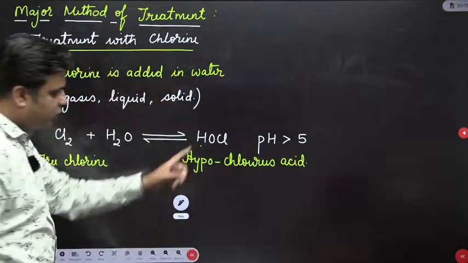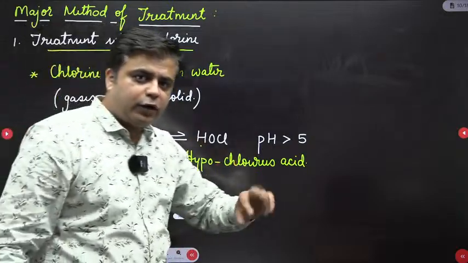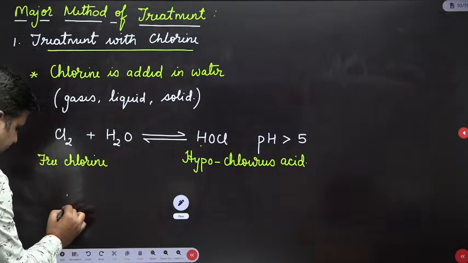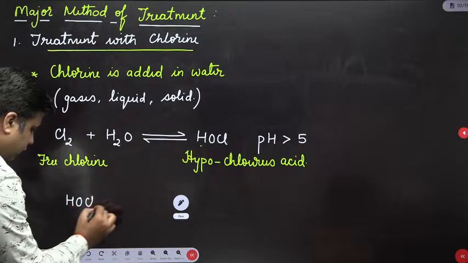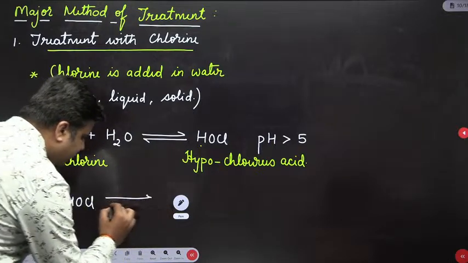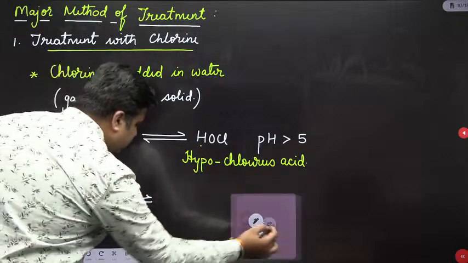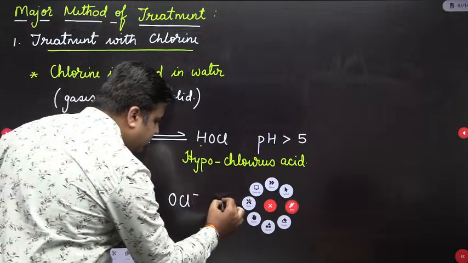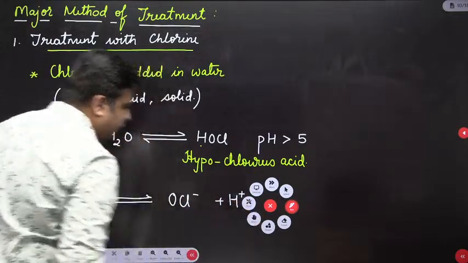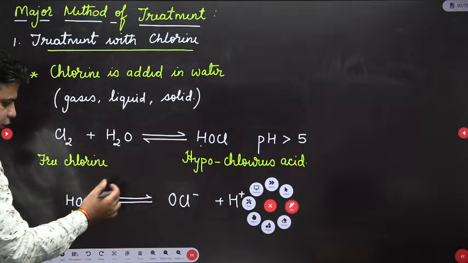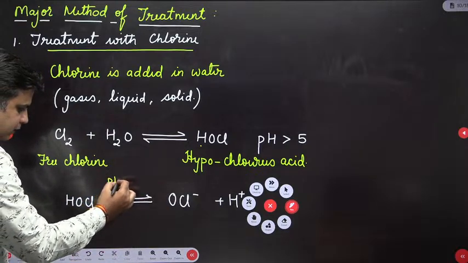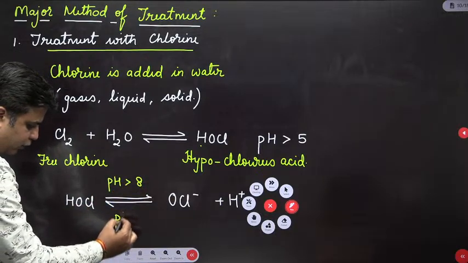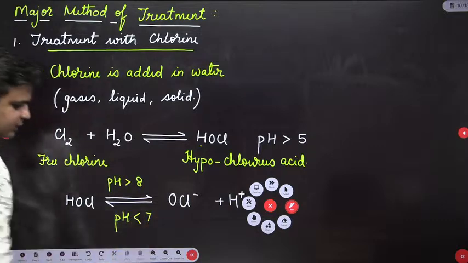Now this hypochlorous acid, HOCl, further dissociates into hypochlorite ion, OCl minus, and H plus. This reaction goes forward if the pH of the water sample is greater than 8, and it will go backwards if the pH of the water is less than that.